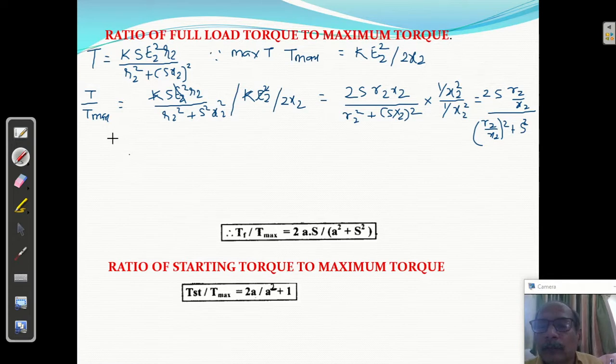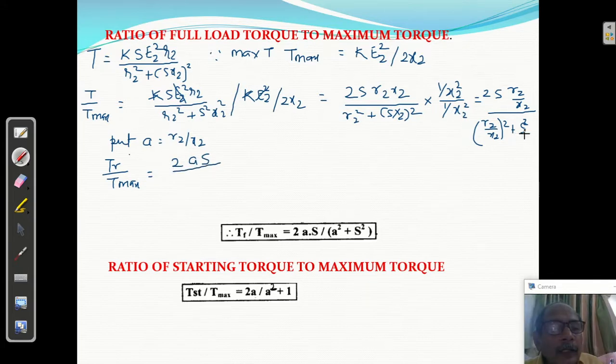Now put one constant, say a equal to R2 by X2. If we put a in place of R2 by X2, you will get T running upon T max equal to 2 into a into S upon a square plus S square.